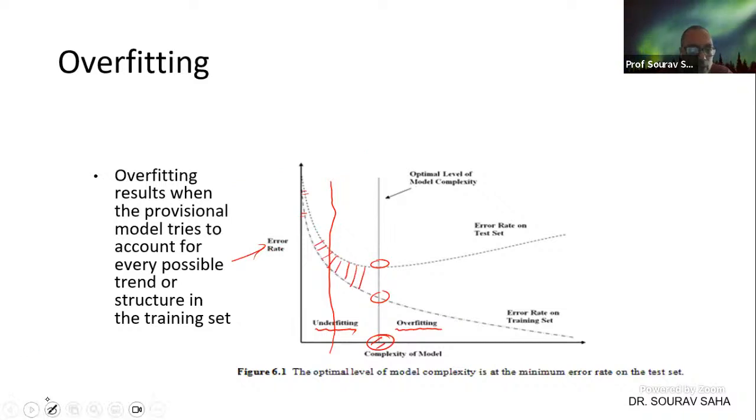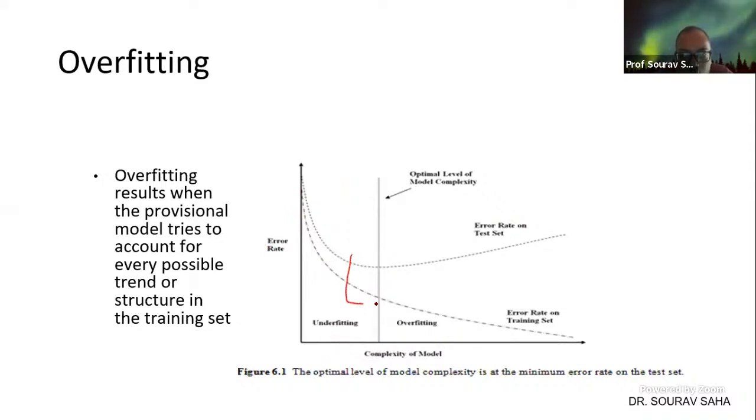So if I see overall, I think around this particular zone, this particular area is where your complexity is on the lower side and your error is also on the lower side. Beyond this, the error shoots up, right?